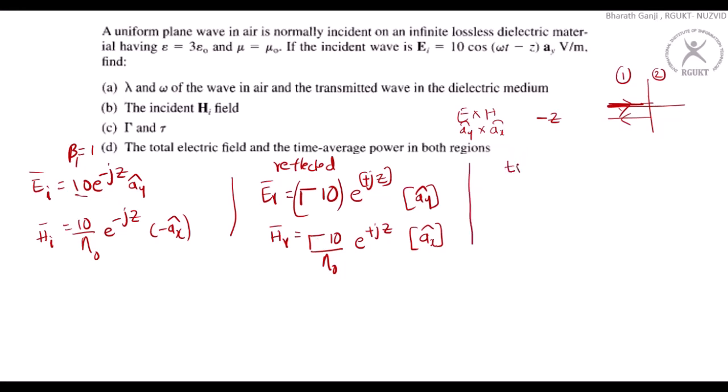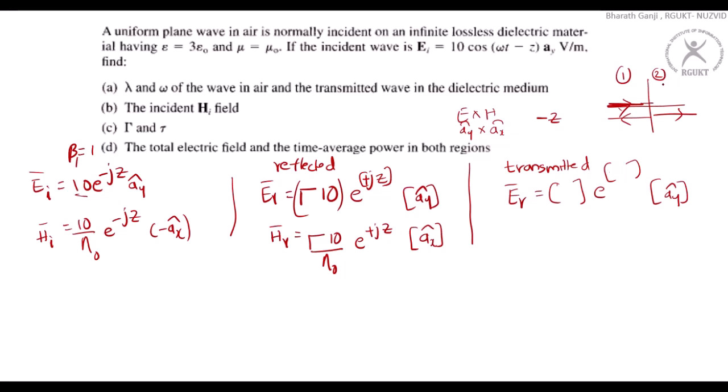So let us talk about the transmitted wave. Because the transmitted wave will be traveling in the positive z direction, I just have to fill these 3 boxes, and let me assume that we're not going to change ay cap. What about this here?